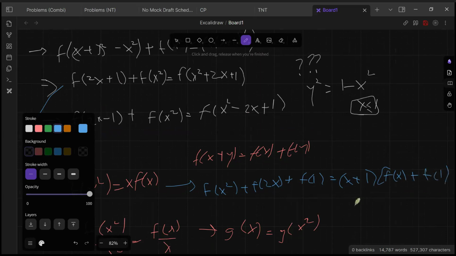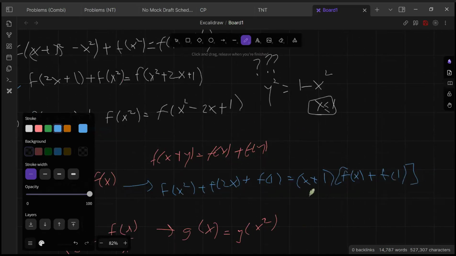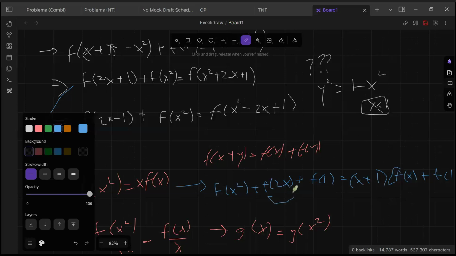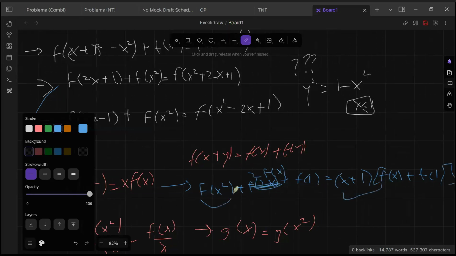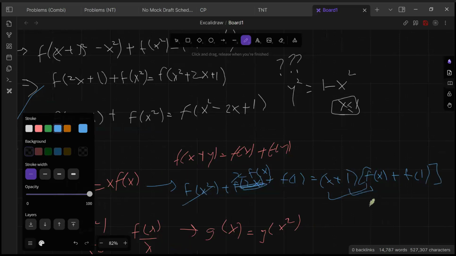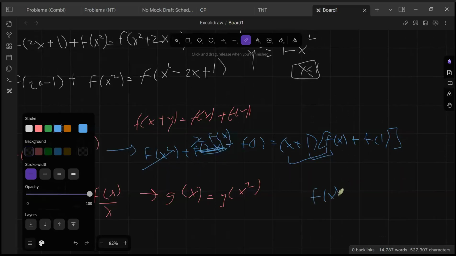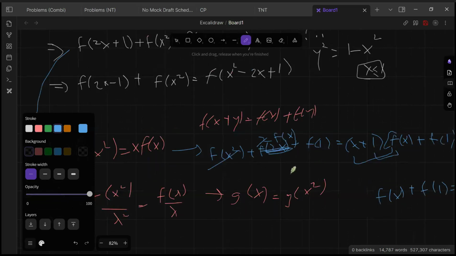But now we will note that this is 2 f of x. So x f of x, this is f of x squared, so it cancels out with that. And 1 times f of x is f of x, so it cancels out the 2. And what we'll get in the end is f of x plus f of 1 is equal to f of x plus f of 1. What happened? What did I do?